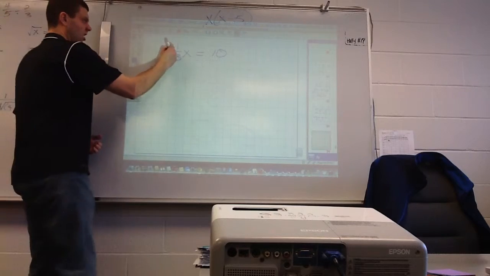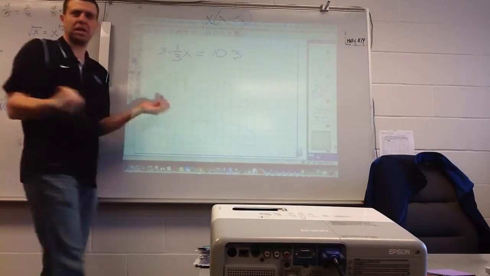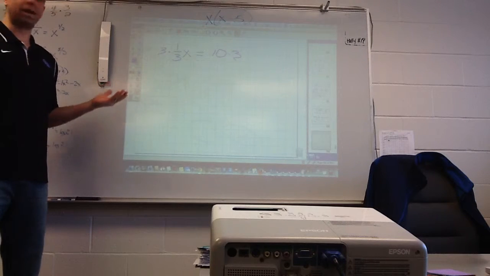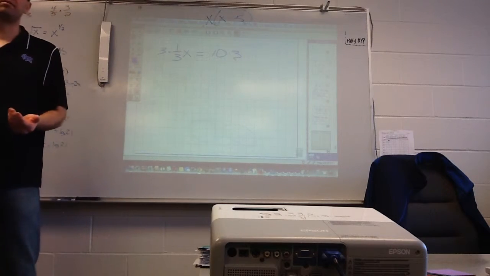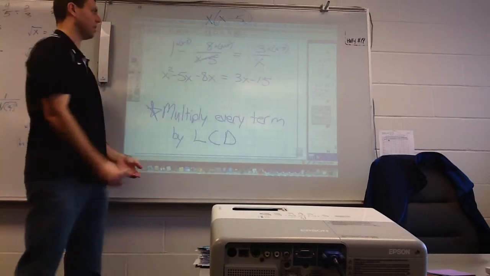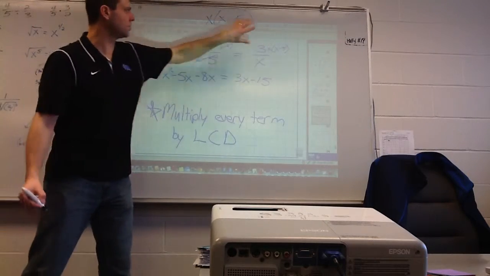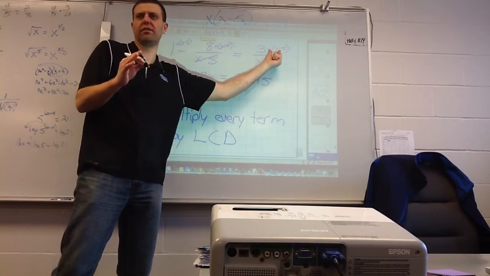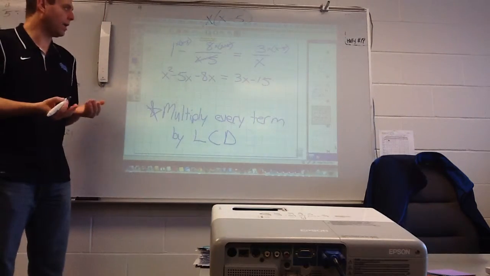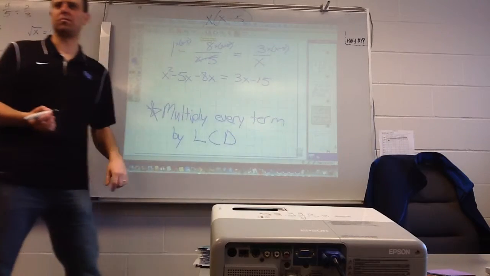If I take this times 3 and I take this times 3, is that okay? Yeah. And why is that beneficial? It makes me get rid of fractions, right? So I'm doing the same thing here. I'm multiplying both sides of the equal sign by whatever this number is, this x minus 5. And why? Because it gets rid of fractions for me.